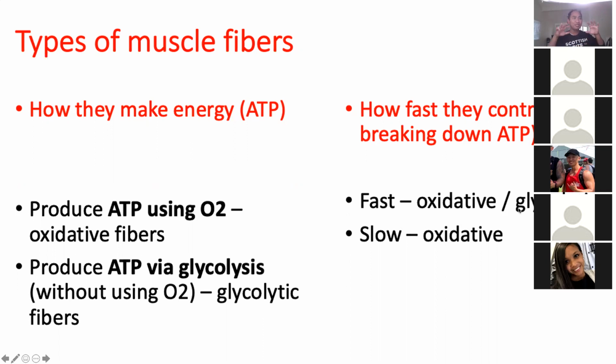Fast means they can contract like the muscles in our hands, upper limb muscles. If we flex and extend, we can do as much as we like, quickly. But how long can we do it? We cannot do that for the whole day because the glycogen supply inside will get depleted and you will get exhausted.